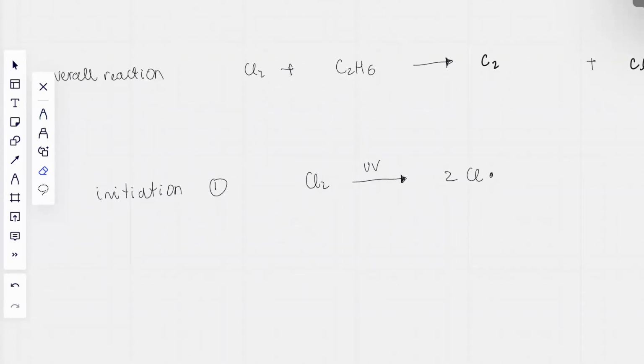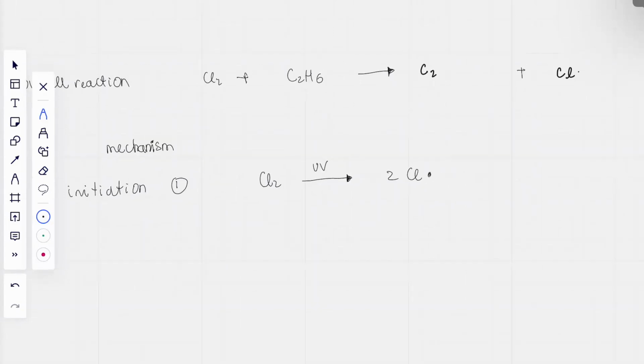Now, this is the reaction mechanism. Very good.